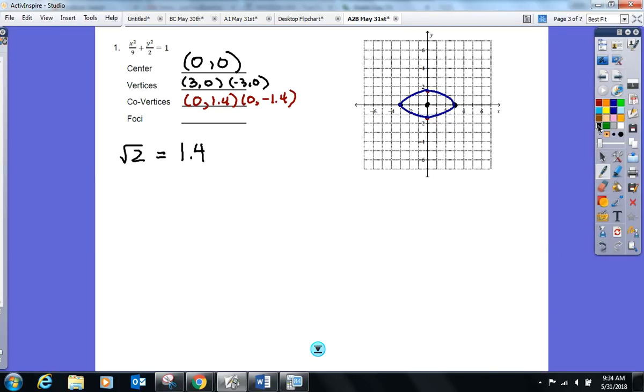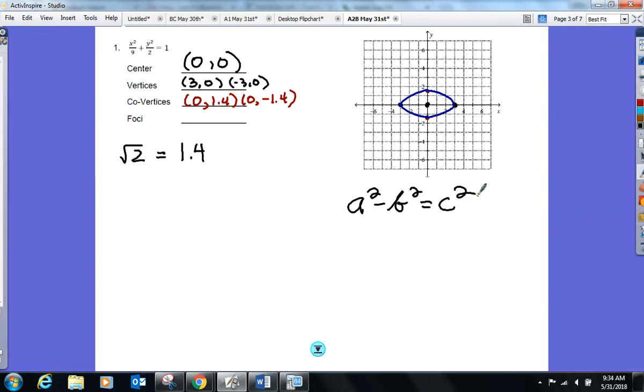How do I find the distance the foci are from the center? a squared minus b squared equals c squared. What numbers are getting plugged in for a squared and b squared? 9 and 2. We don't square them. They're already squared when I get them from the denominator. Equals c squared.